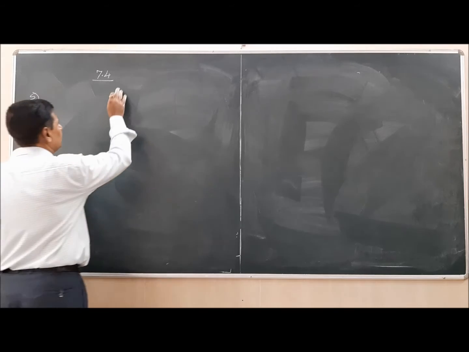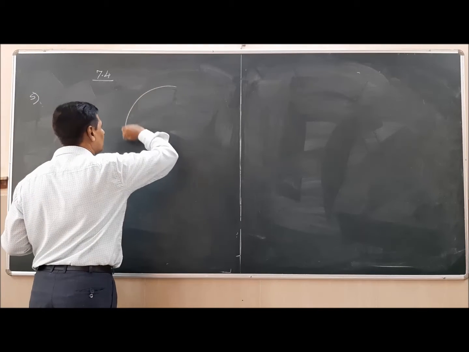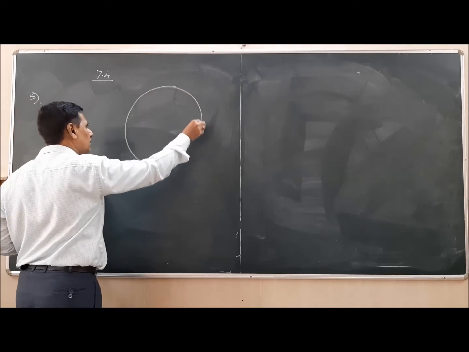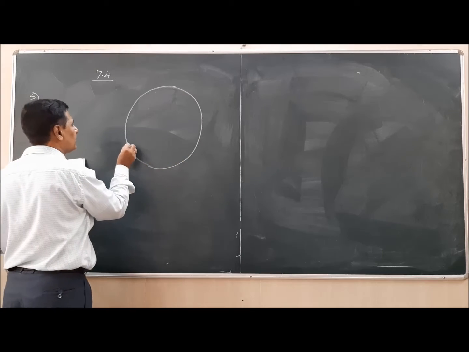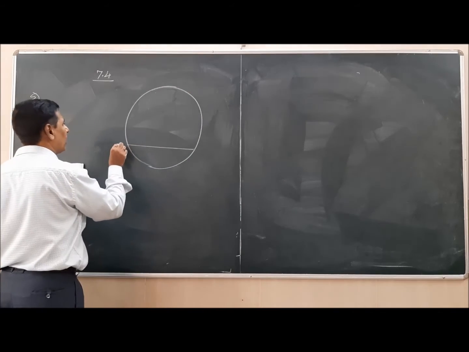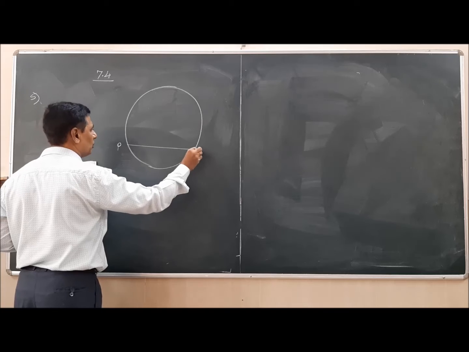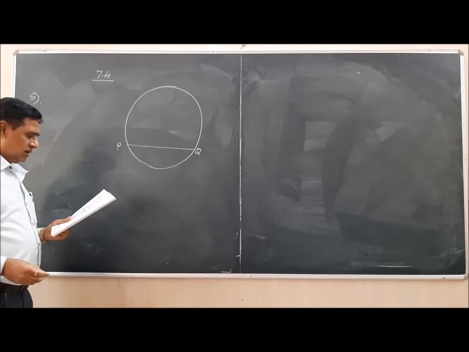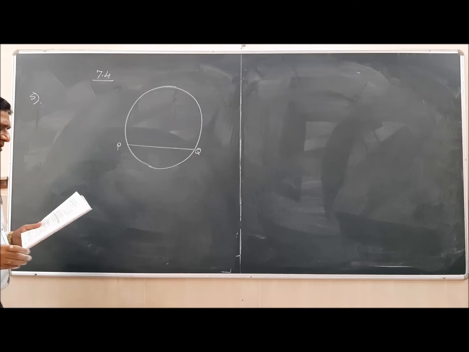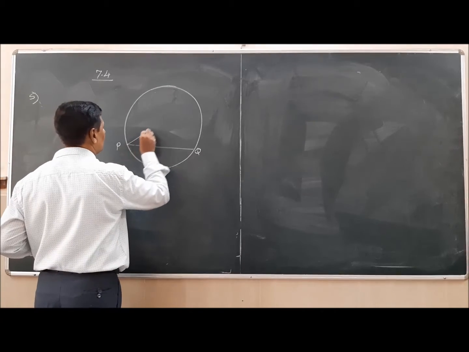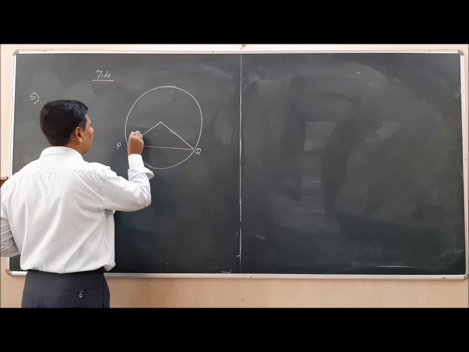with radius 15. First of all, I will draw a circle here. They have given us chord PQ, so I have drawn chord PQ here. With radius 15 centimeter, so the radius is given as 15 centimeter.